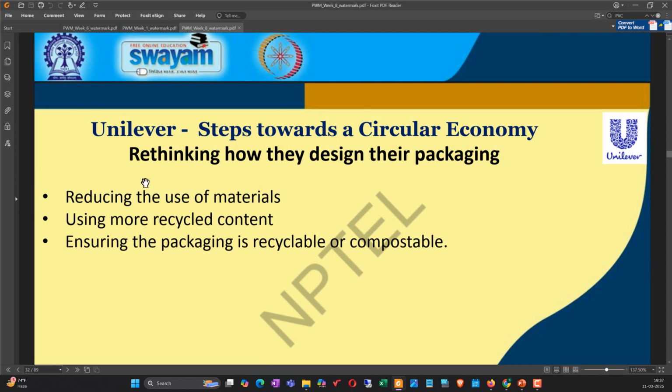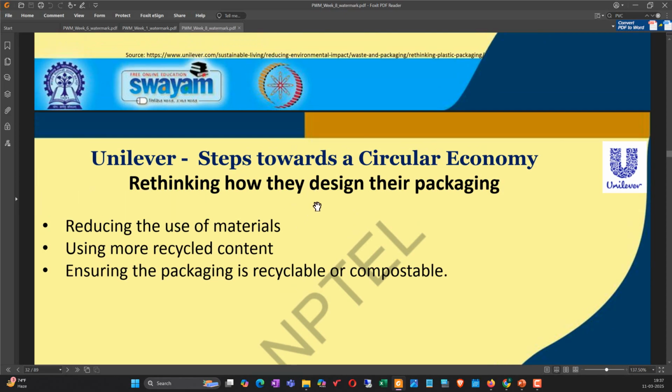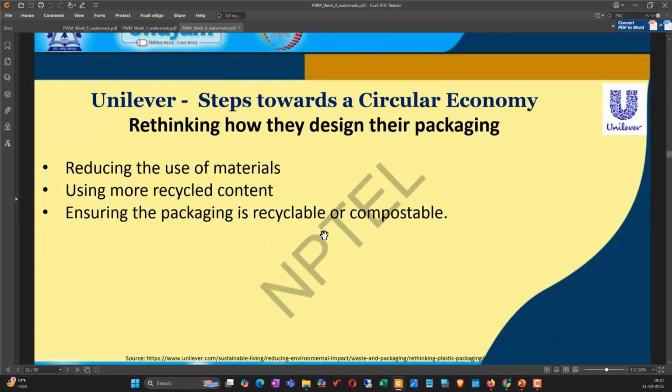Okay, Unilever's steps towards a circular economy include rethinking how they design their packaging, where they are looking at reducing the use of material, using more recycled content, and ensuring the packaging is recyclable or compostable, right?